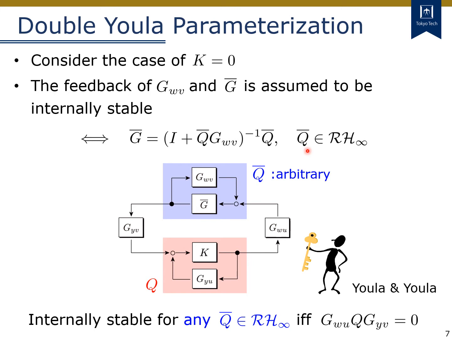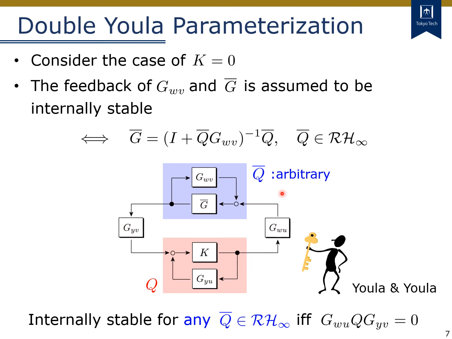In fact, if we apply the Youla parameterization of the environment G bar and that of the controller K, we have this block diagram for the stability analysis of the entire feedback system. Please note that now we assume that G bar is any system such that the pre-existing system is internally stable, which is equivalent to the fact that this Q bar is an arbitrary element whose norm may become arbitrarily large.